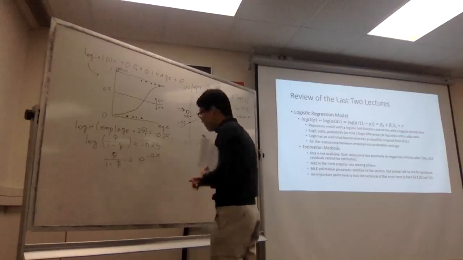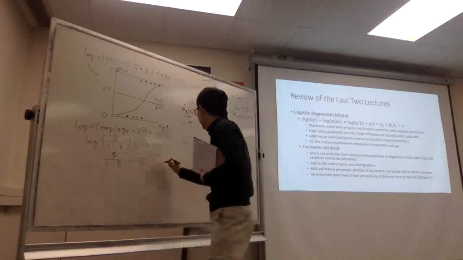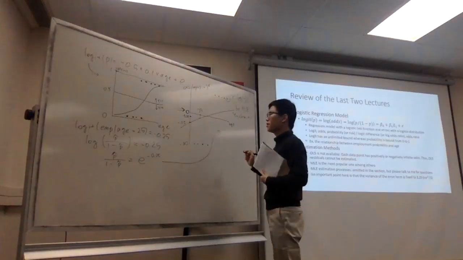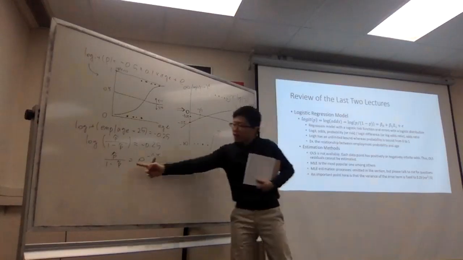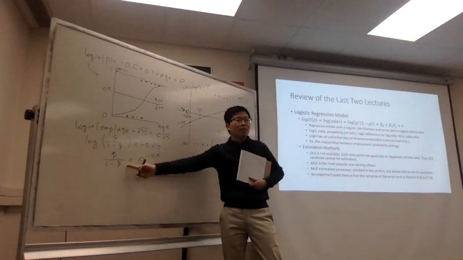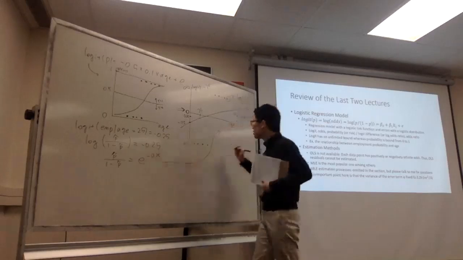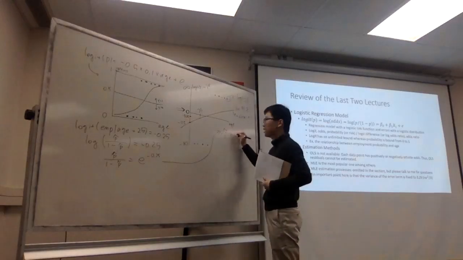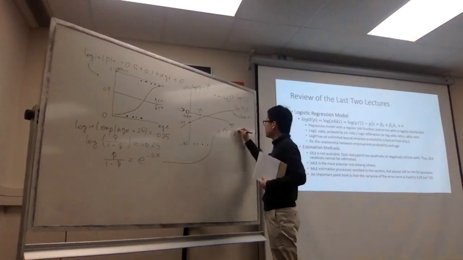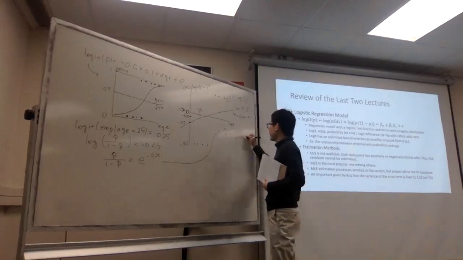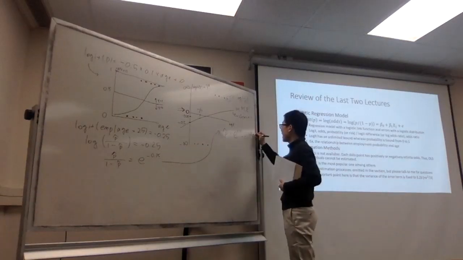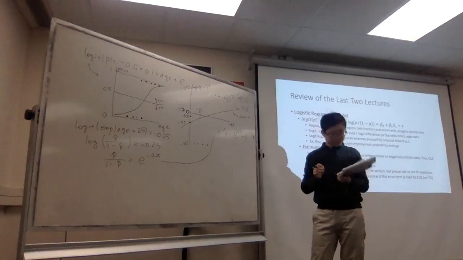And if I can move here, if you multiply 1 minus p hat to both sides of the equation, then it becomes p hat e to the negative 0.25 and e to the negative 0.25 p hat, right?